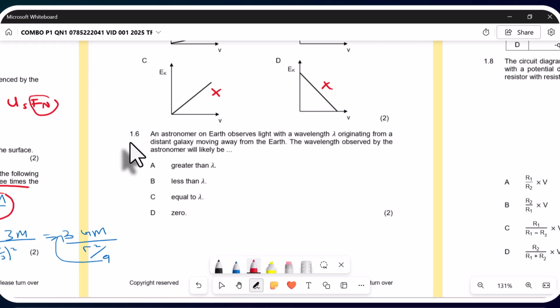Next here, they say that 1.7 from Pre-State 2025, consider the electric field patterns around the charged particles Q, R, and S as shown in the diagrams below. So this one is our Q, R, and S. They say what are the respective charges and the polarity on Q, R, and S. Now regarding the charges, we said we use a positive test charge.